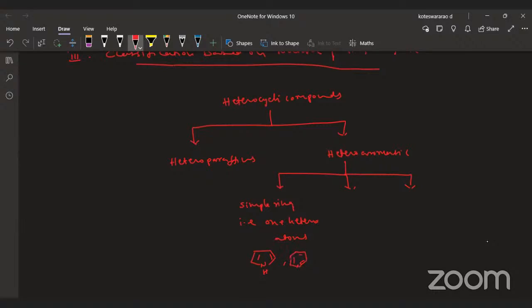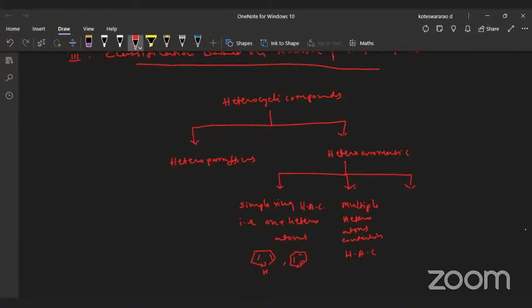This is also an example of simple ring aromatic heterocyclic compounds. And when you come to the next type, multiple heteroatom containing heteroaromatic compounds.